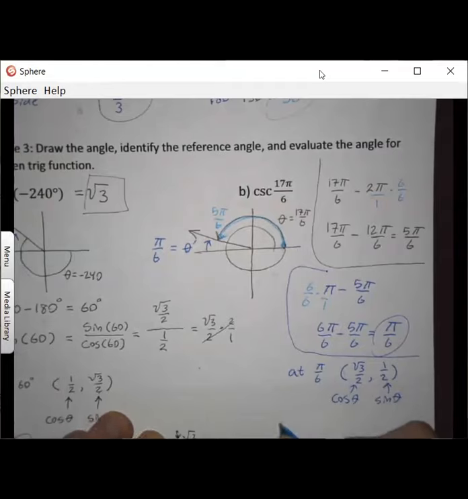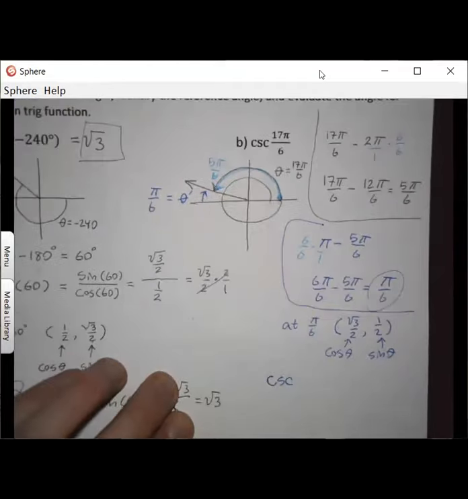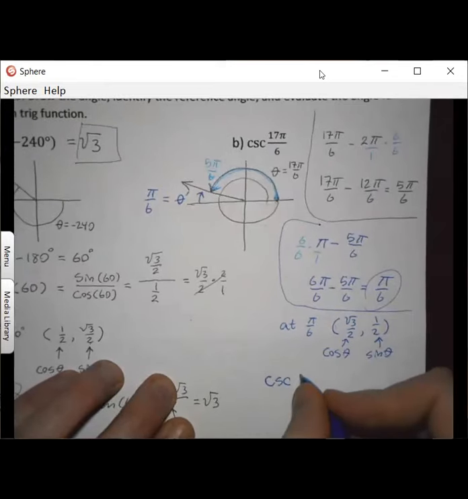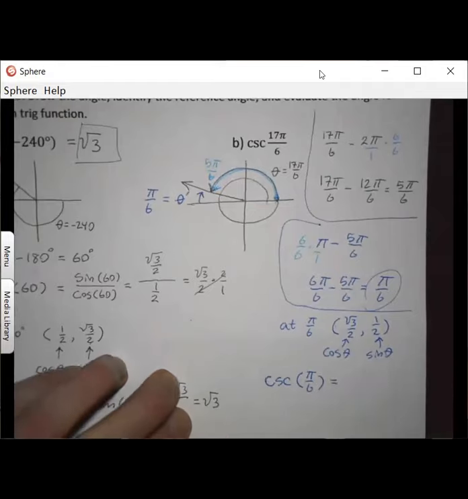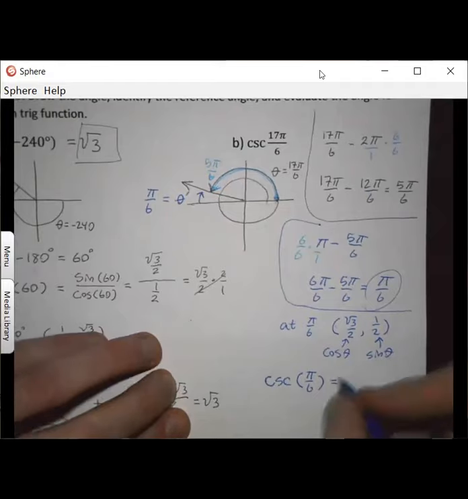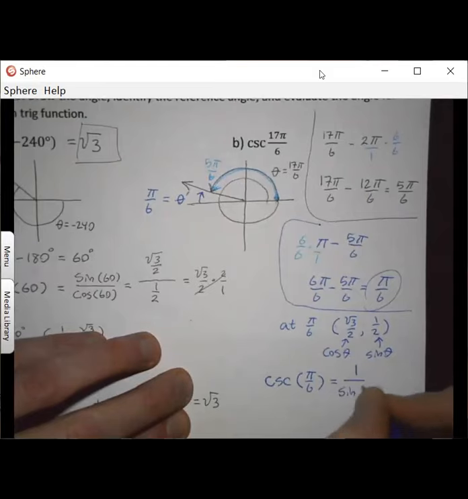Now, if I want the cosecant of my reference angle, the cosecant of pi over 6, well, the cosecant is the reciprocal of sine, or we can say this is the same as 1 over sine pi over 6.